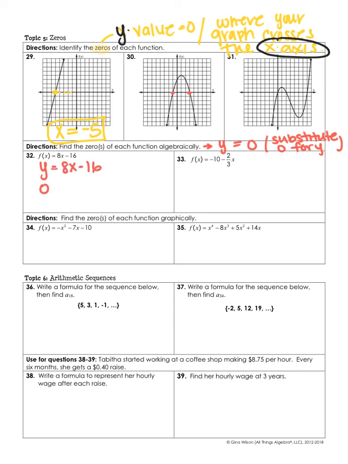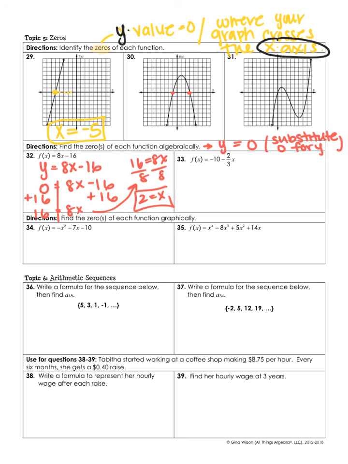So I'm going to substitute 0 in for y, and I have 0 equals 8x minus 16. Solve that for x. So add 16 to both sides. You get 16 equals 8x. Divide by 8, and you get x equals 2. So there is a zero at x equals 2. Go ahead and try number 33 on your own.